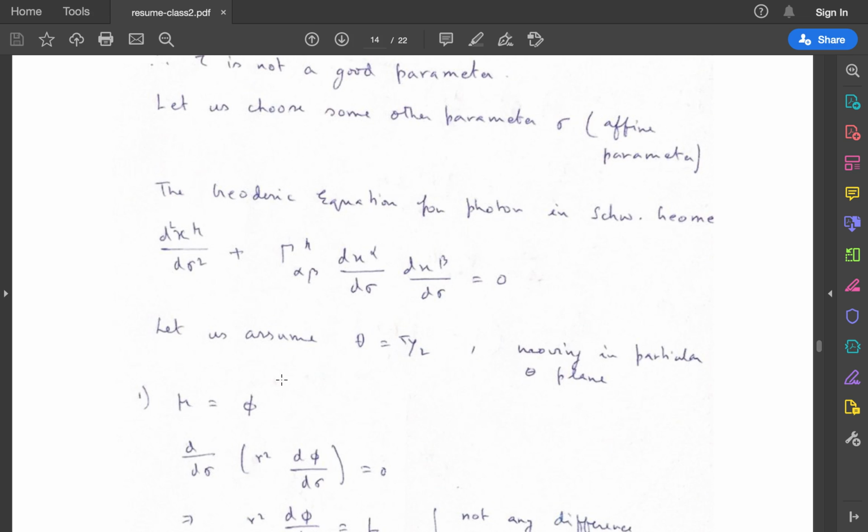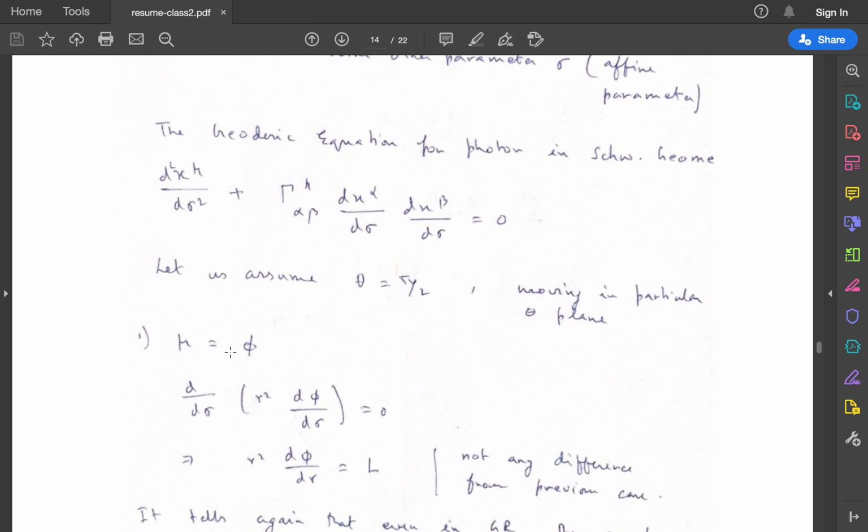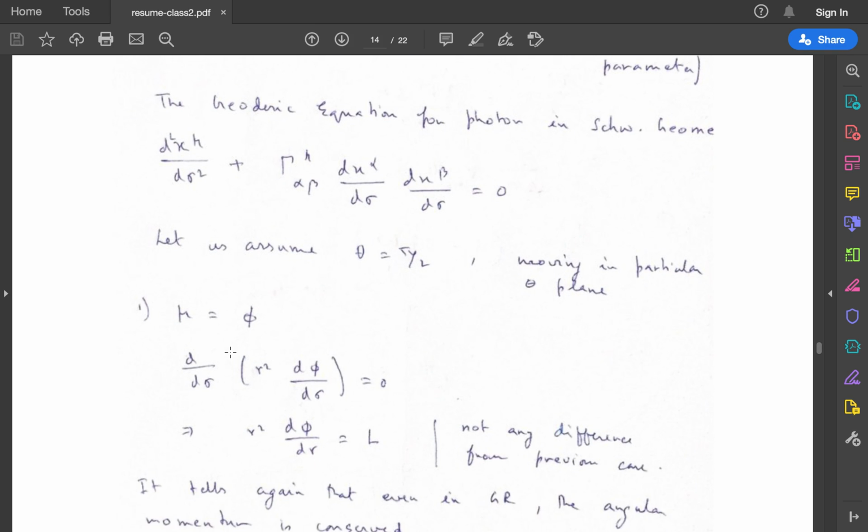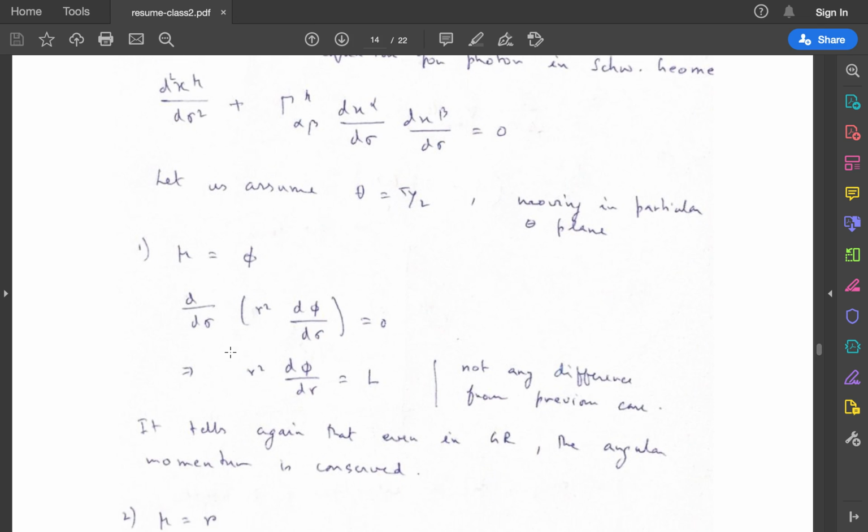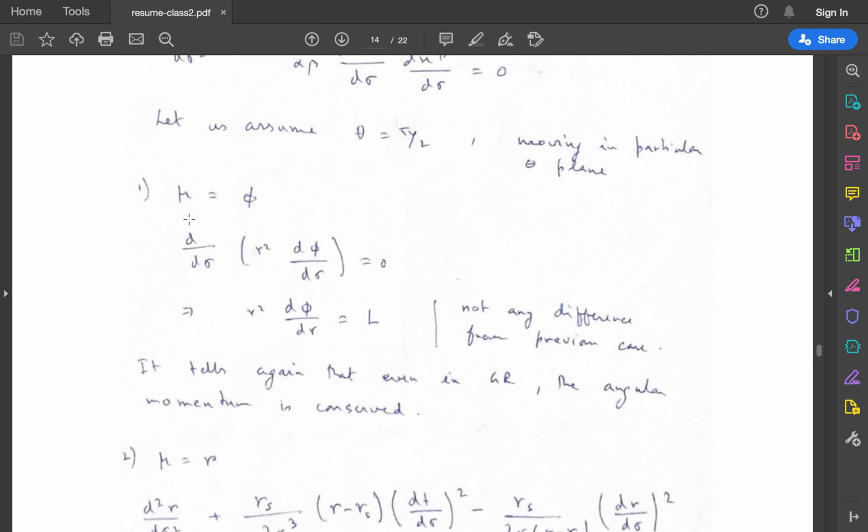Let us assume that we are moving in a particular plane, so theta is fixed. Let us fix theta to be pi by 2, in an equatorial plane in the geometry of the Schwarzschild metric, which is a spherically symmetric one. Now let us assume mu to be phi, and if I write the geodesic equation, we have this equation.